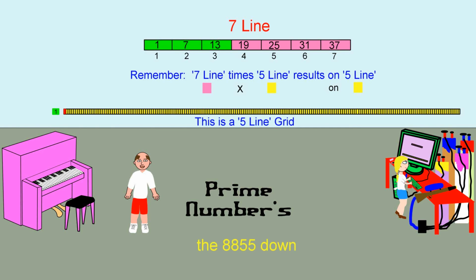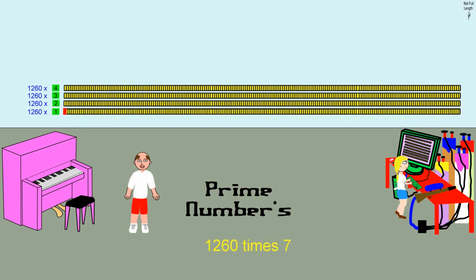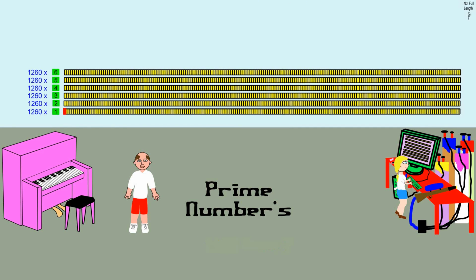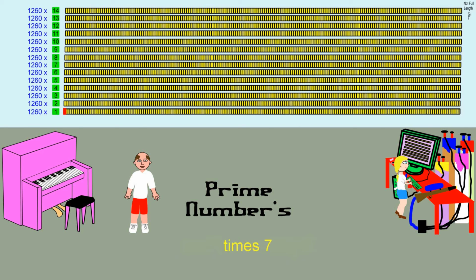When we break the 8855 down, we find 1260 times 7, the grid number, and then multiply 5 times 7. This is the position. This indicates that there are 7 1260s. So we go to the 7th grid, and the 35 is in the 6th position on the grid, which is the second instance of the symmetrical pattern.